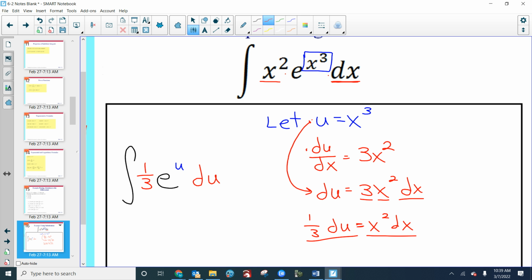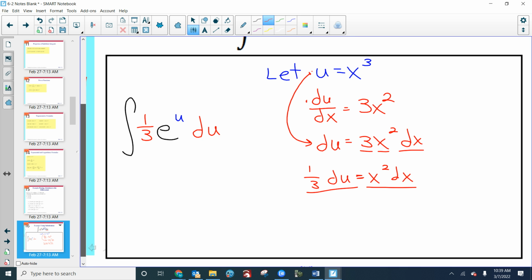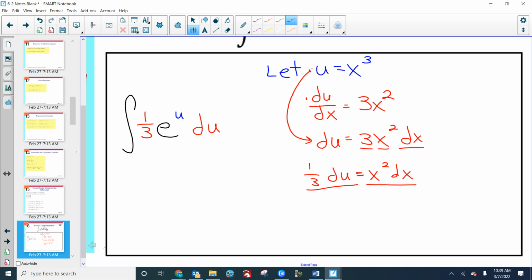Well, what's the antiderivative of e to the u? e to the u plus a constant. Doesn't the coefficient go along for the ride in derivatives or antiderivatives, right? Isn't that the correct antiderivative?